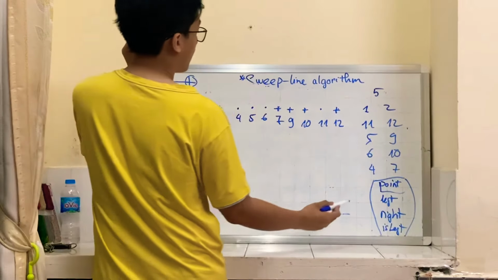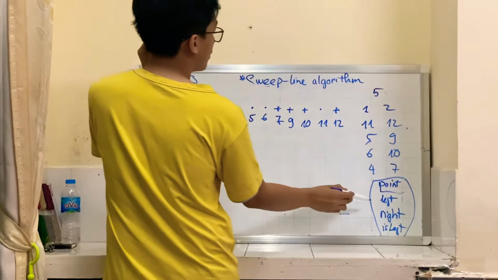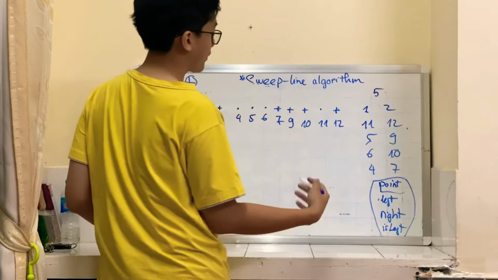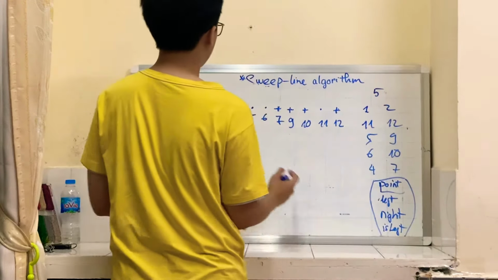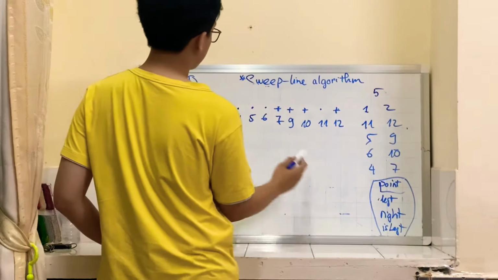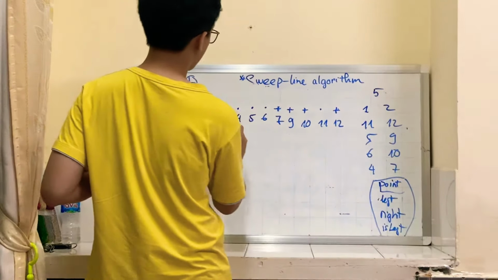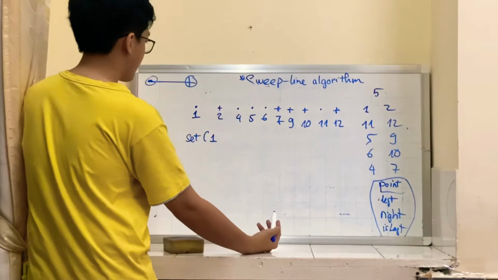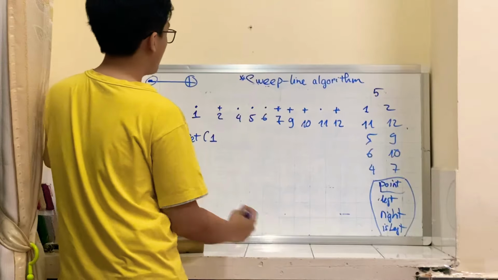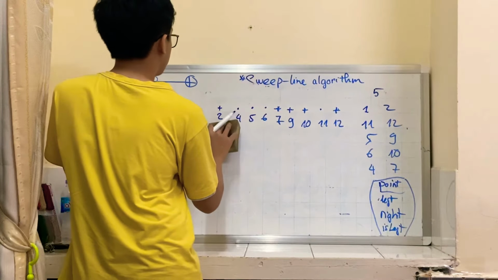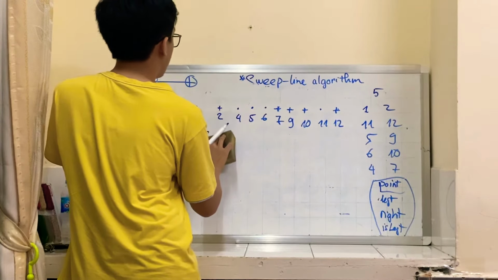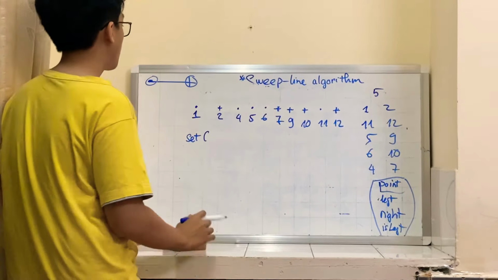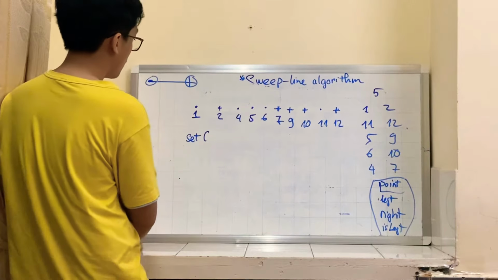So we can know the left value of point 2, and the left value of point 2 is equal to 1, so we erase 1 from the set. Now our set is empty, and then we'll initialize.